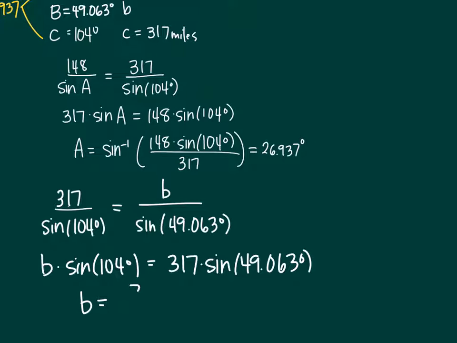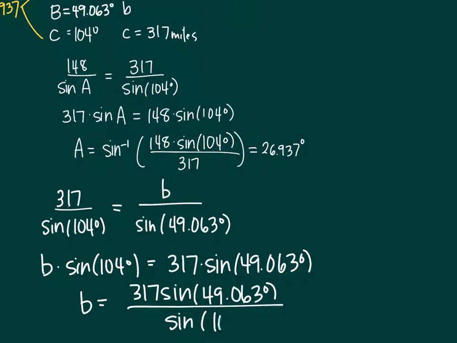So division will help me figure out that the 317 times the sine of 49.063 degrees would get divided by the sine of the 104 degrees. That'll be a more accurate answer if I'm using the C pair instead of using the other one.